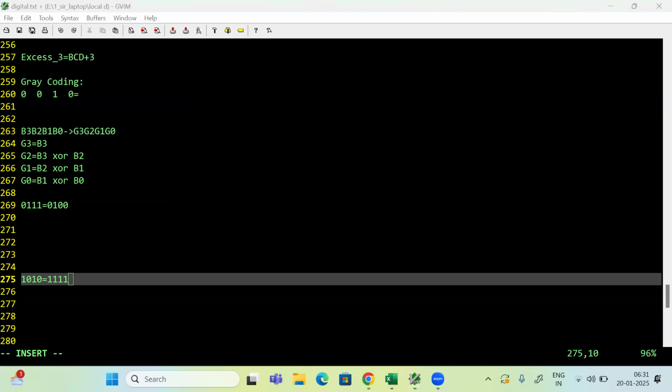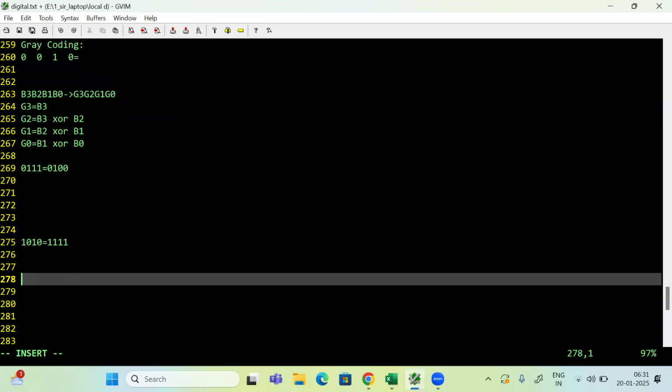The fourteenth value, binary equivalent to what? In gray. 14th position, or 14 in decimal is equal to what?